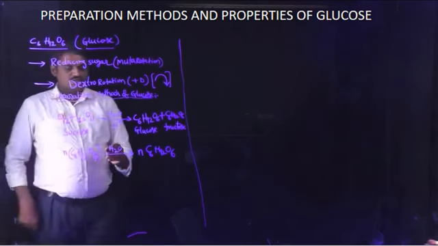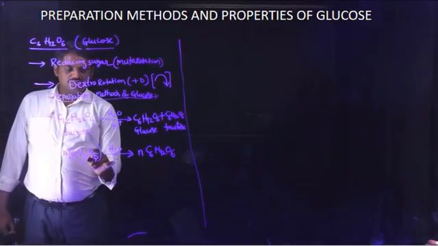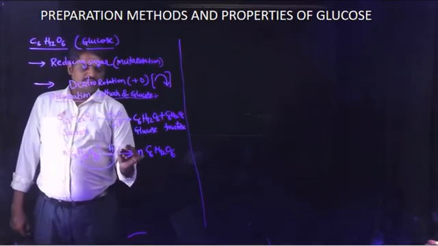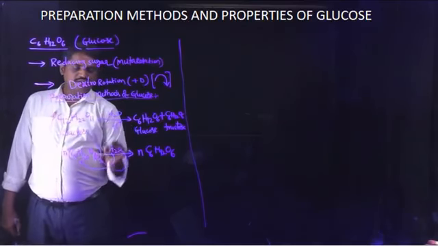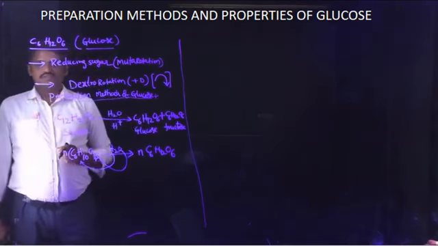Means in H2O molecules, two hydrogens and another oxygen atom are added in this way. Totally these molecules are converted to glucose.